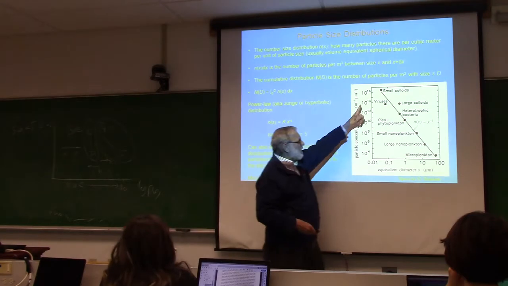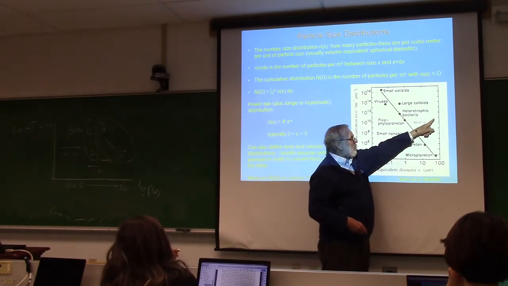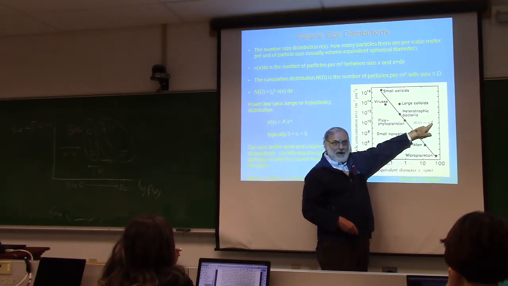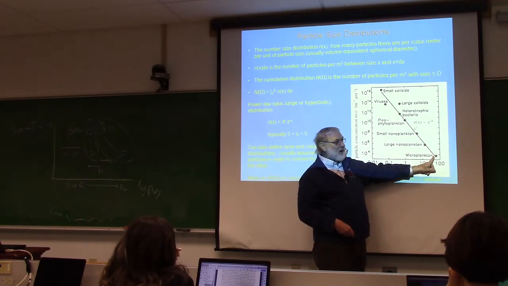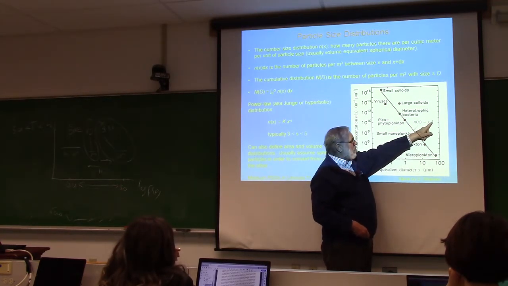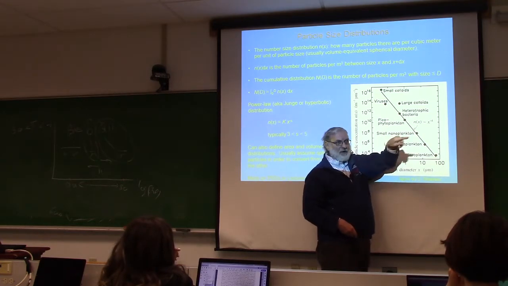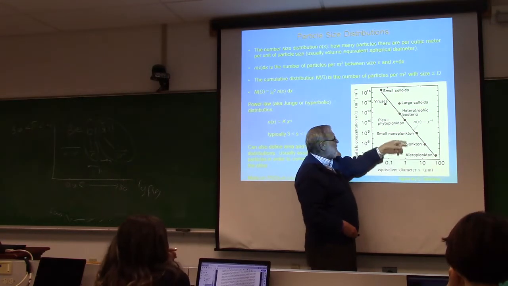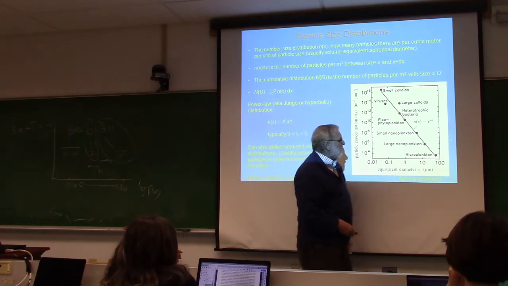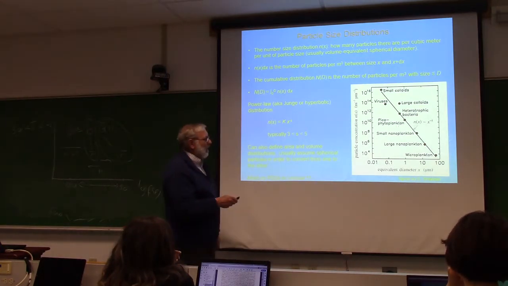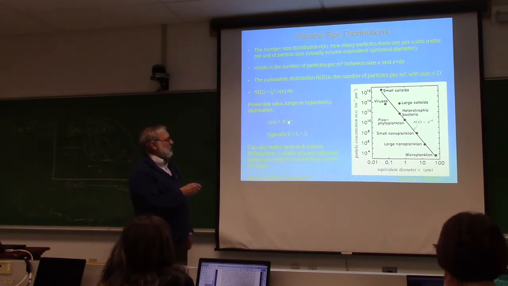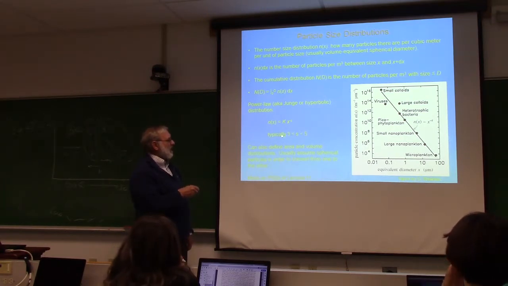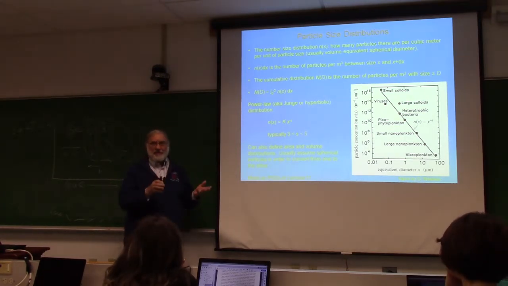Well, Junge studied this kind of stuff only for the -4 power. So in this case, this is a Junge distribution. Hyperbolic would mean the power is -1. A 1 over x is a hyperbola. So anyway, in general it's a power law, and this exponent here, when n of x is proportional to x to the -s, s is usually somewhere between 3 and 5.